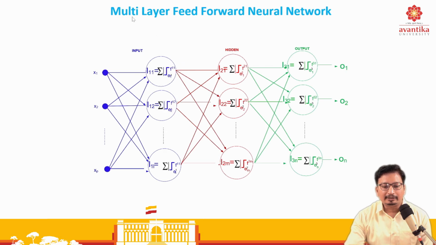Now the next architecture for the artificial neural network is the multi-layered feed forward neural network. If we see this architecture, we will find that multiple layers are there between the input unit and the output unit. Why have we done so?